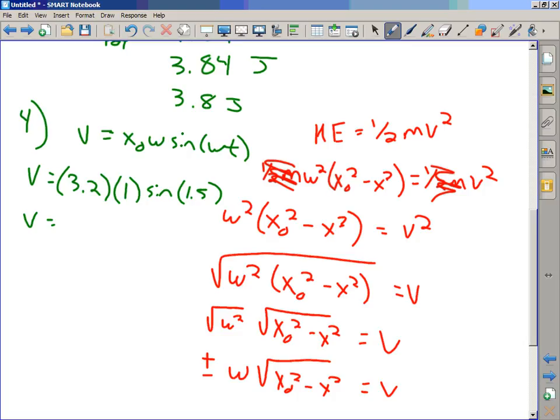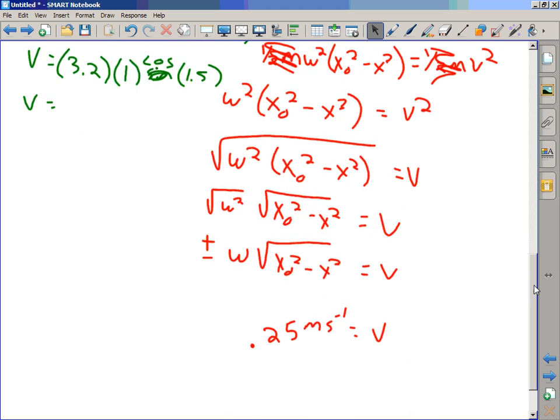So that's a plug and chug. 3.2 times sine of 1.5 equals... Oh, cosine. Thank you, Hannah. You're completely correct. Good question. Let me come back.